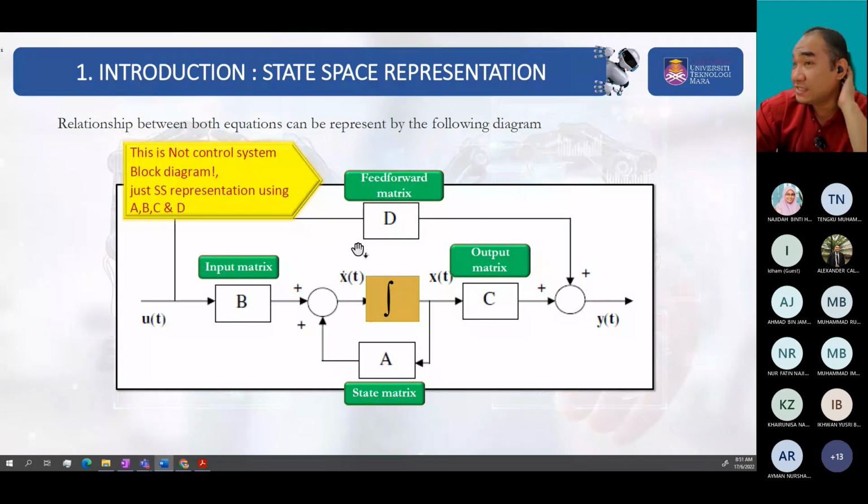But for this particular system, when we want to use state space representation, the one inside this block here is going to be in terms of matrix. So we got the matrix of A, we got the matrix of D, matrix of C dan juga matrix of B. So that's why dekat sini dia kata jangan confuse lah. Jangan confuse block diagram dan juga state space punya representation. Alright.